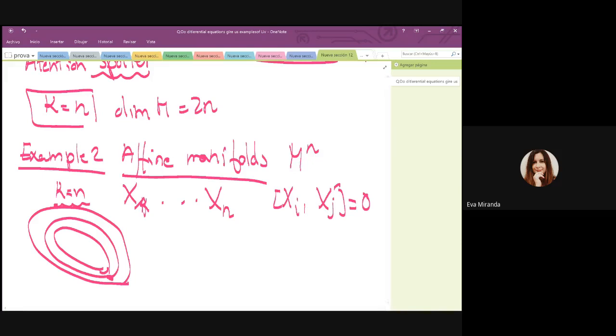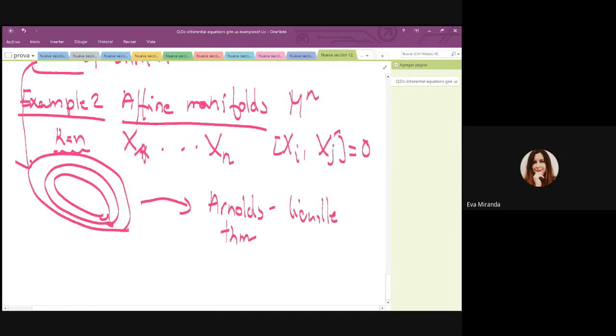If each of the orbits is periodic, sometimes we can normalize the periods, and this is what is going to later give us the Arnold-Liouville theorem. That's in the case of integrable systems, not so far from affine manifolds, and we will be able to prove the Arnold-Liouville theorem thanks to this kind of normalization of periods.